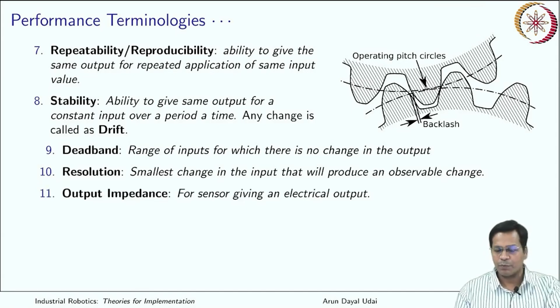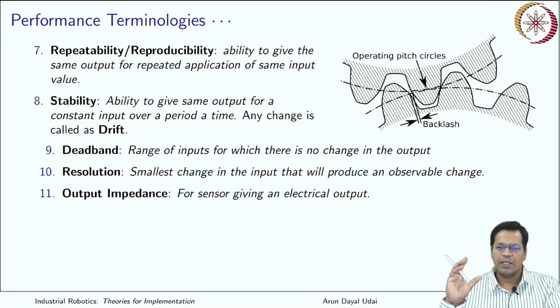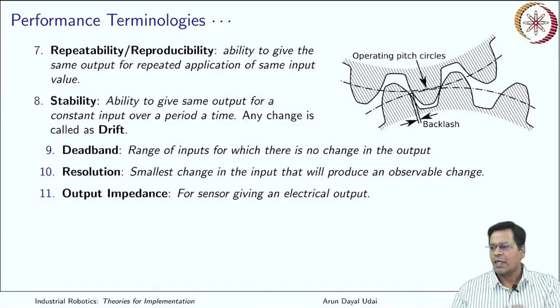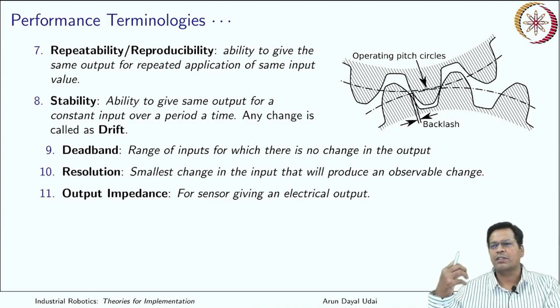Okay, and then you have output impedance. Normally for electrical devices, electrical sensors, output impedance is very important, because connecting this sensor to your input device, maybe a PC, maybe a DAC, should not change the behavior of this sensor.